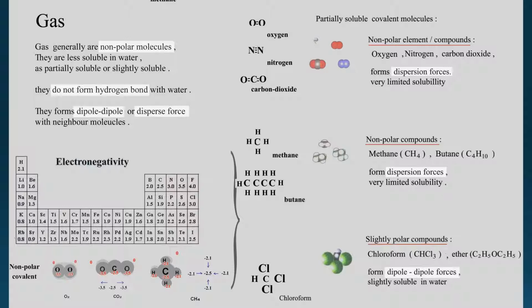No, they are only partially polar. So the most they can form is a dipole-dipole force, so slightly soluble in water. A bit better than the earlier two examples. But is it as soluble as the hydrogen bond type? No, it's not.